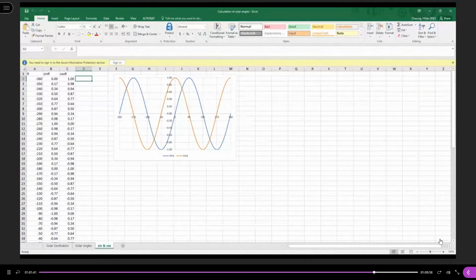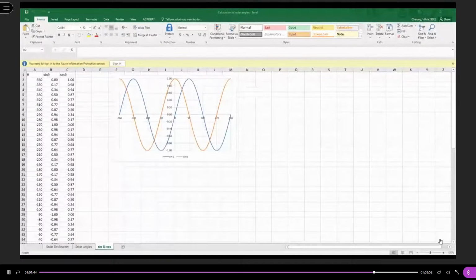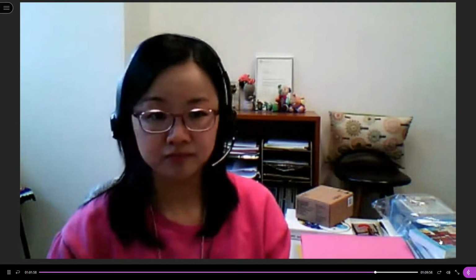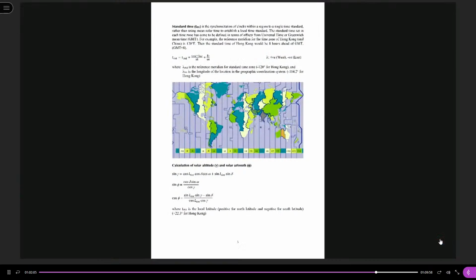Okay, so what I want to tell you is that when you use the equations in the tutorial notes to calculate the solar angles, okay, like these equations, when you use these equations to calculate the solar altitude and solar azimuth, you have to bear in mind how the sun path goes in the sun path diagram.